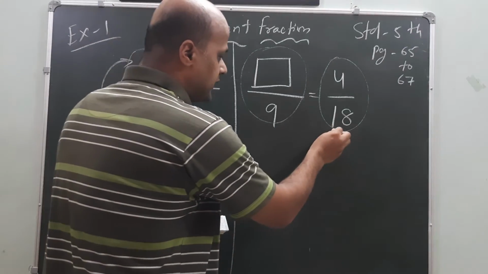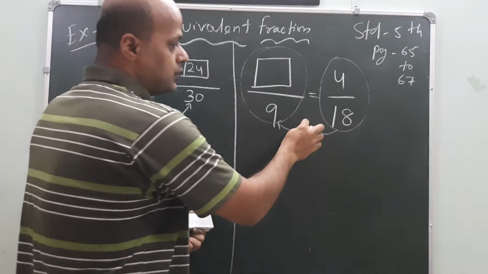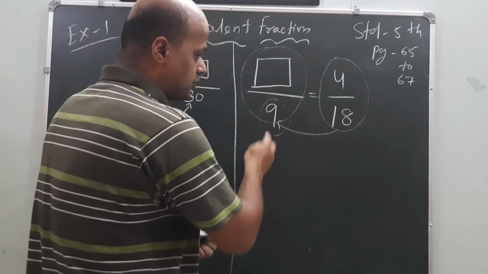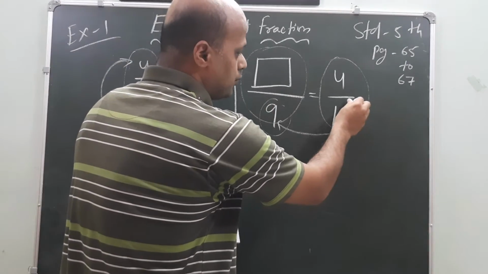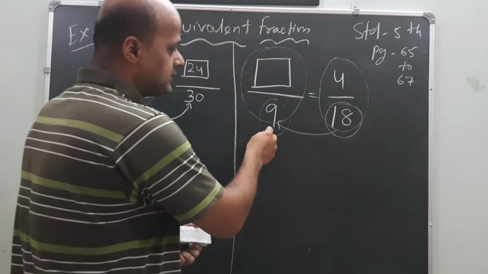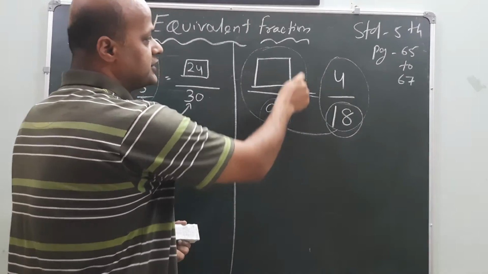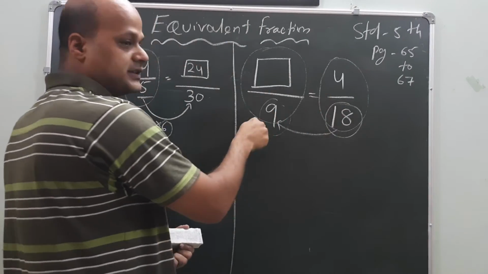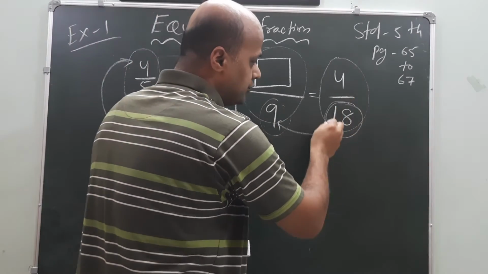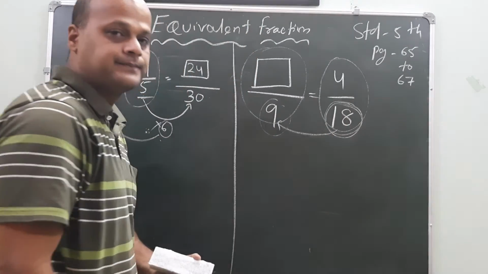Which one? Make a relation between these two. What should I do with 18? 9 will come, because here the question is asking, so you have to come from this side to this side. Okay. What should I do with 18? 9 will come in.